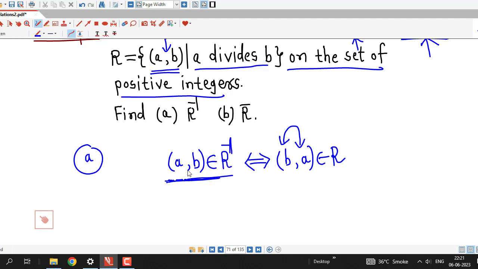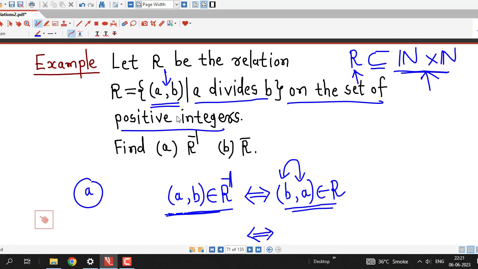Then by definition, if (A, B) is a member of R inverse, then (B, A) must be a member of the given relation R. Now how is the given relation defined? The given relation contains all those ordered pairs in which the first member divides the second member. So here I have written A first and then B as the second member. So here the condition is A divides B.